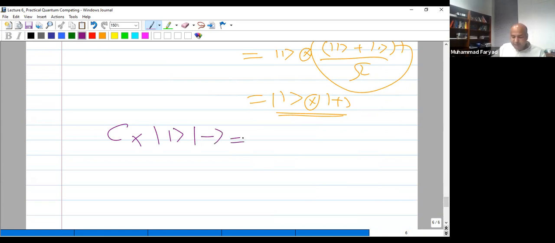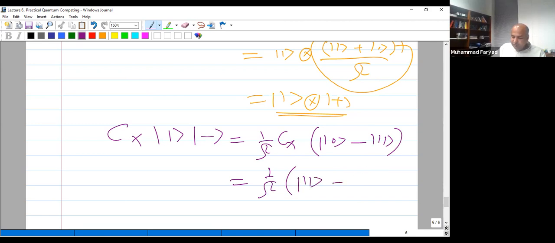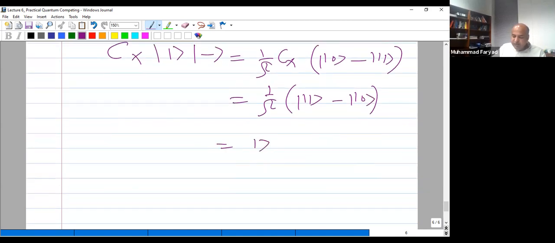Now in this case, 1 over square root 2 CX applied to 1 0 minus 1 1, and now when CX is applied, I get 1 1 minus 1 0, and if I take 1 common from the left side, here I'm left with 1 over square root 2 (1 minus 0), and I can take negative common, so minus 1.